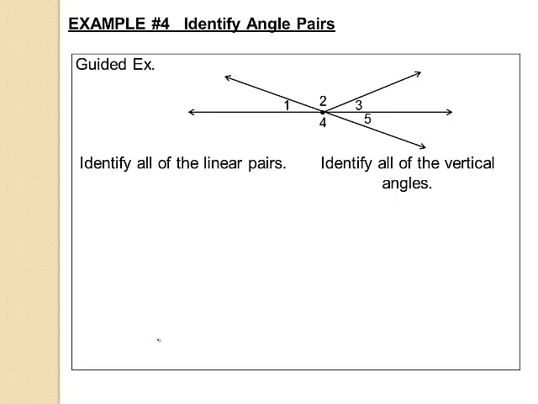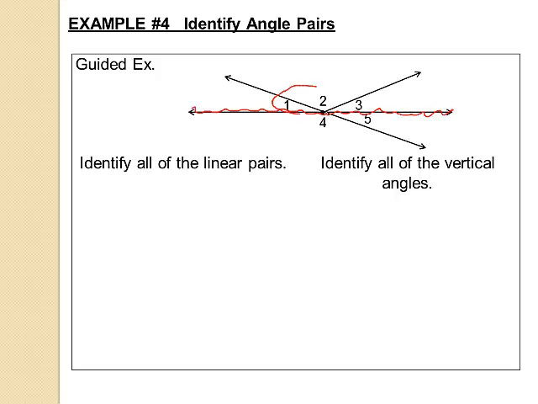So in this guided example, it's asking you to identify all of the linear pairs and then identify all of the vertical angles. A common thing I look for is where my straight line is. Well, I have a straight line right here, and I also have a straight line in another place, but I'm going to look at this straight line.